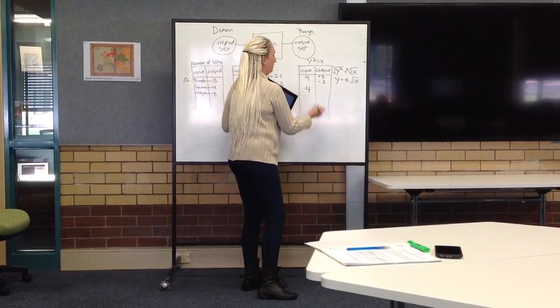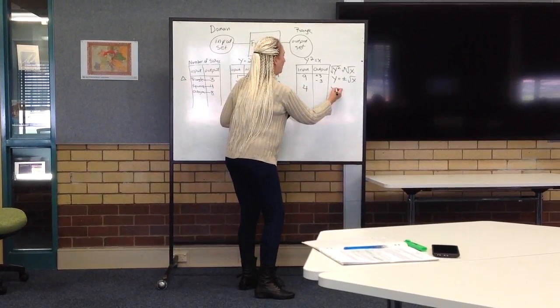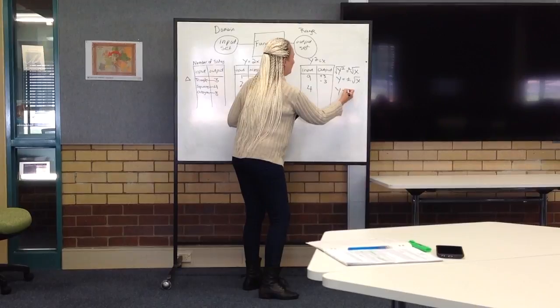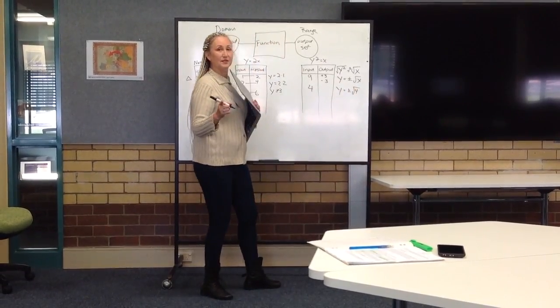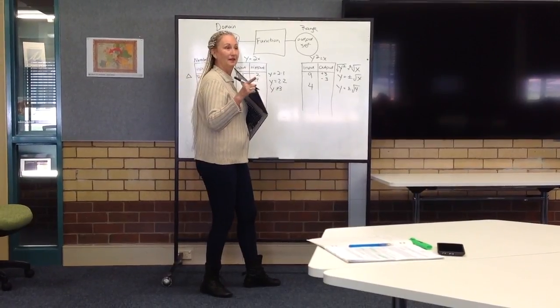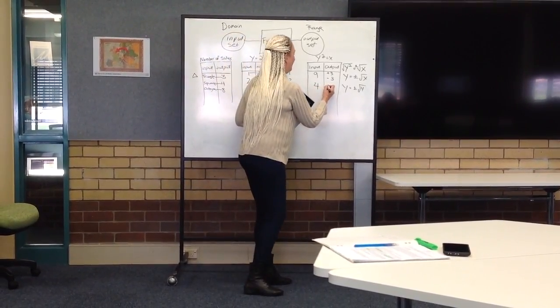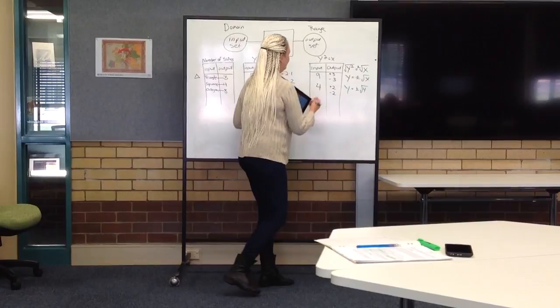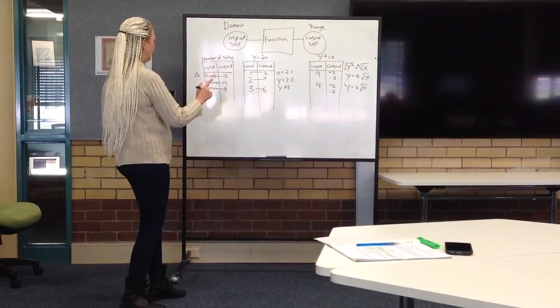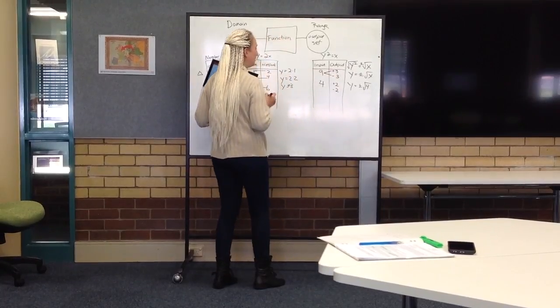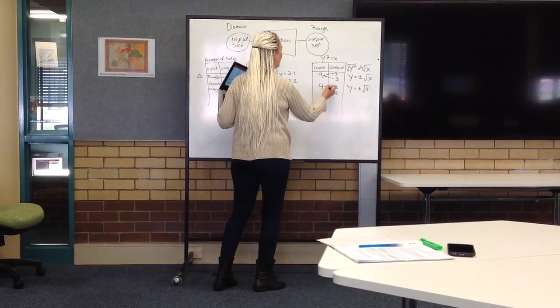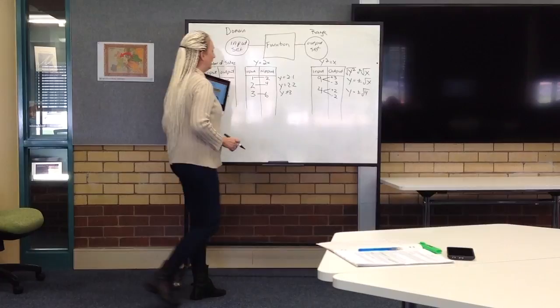What if we do 4? y equals plus or minus square root of 4. We get 2 numbers. What numbers? Plus 2 and a minus 2. Can you see the bit of difference here? This one has more than one answer. Multiple answers.